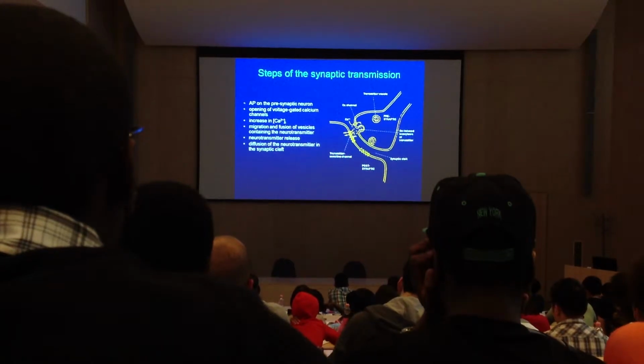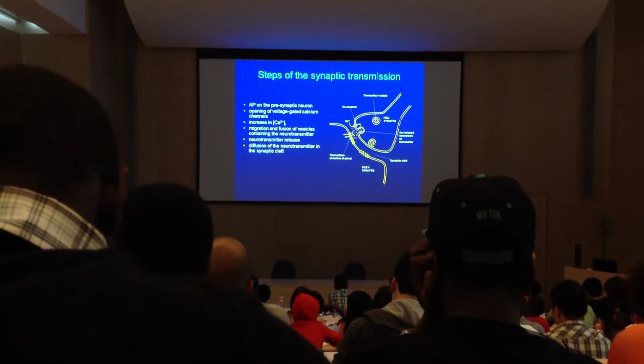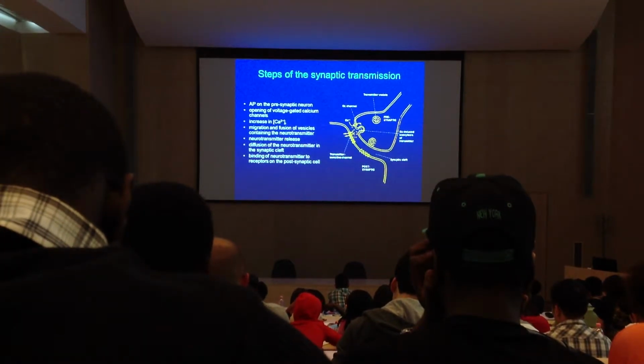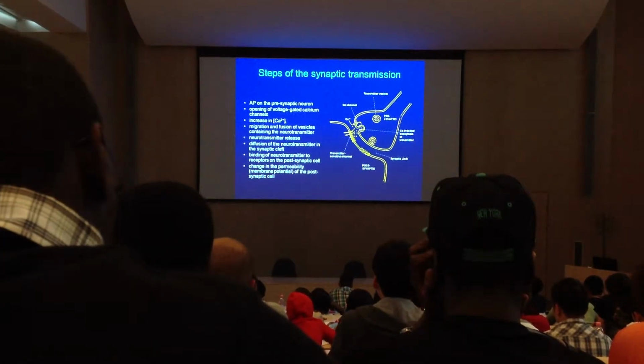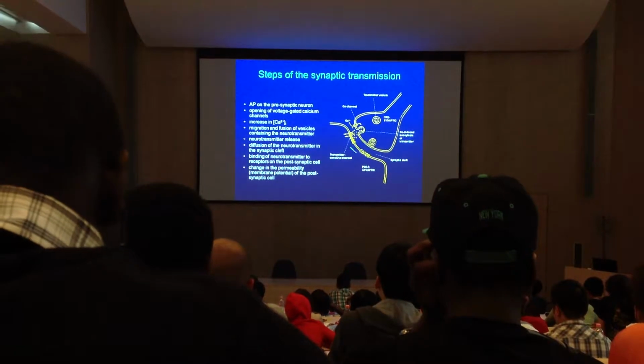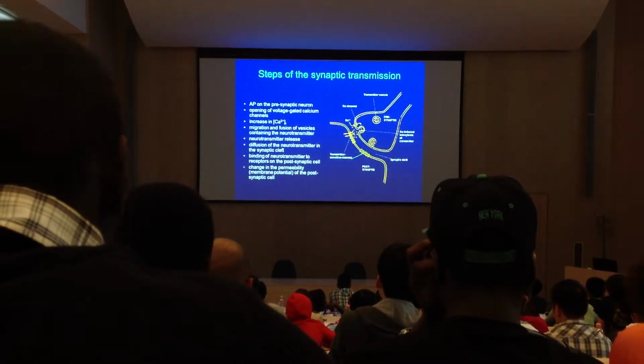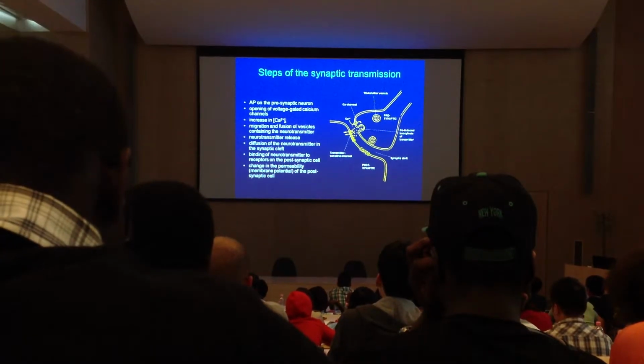It diffuses across to the other cell, binds to the receptors found on the postsynaptic cell, and finally it changes the permeability, therefore the membrane potential of the postsynaptic cell.